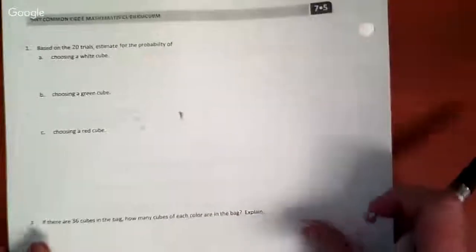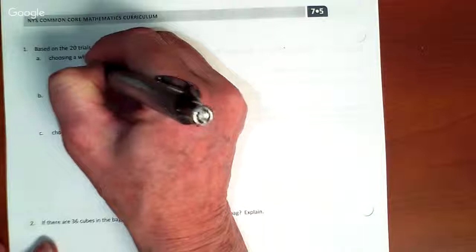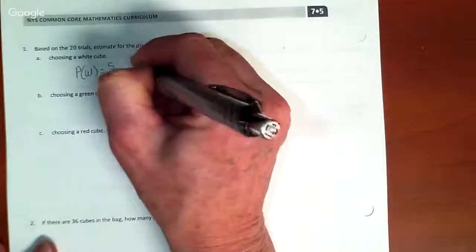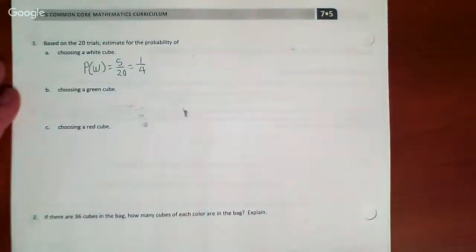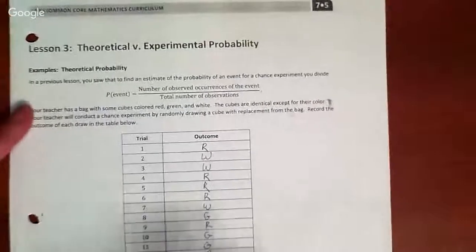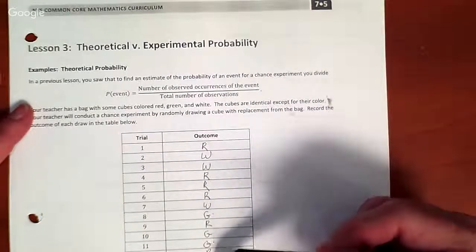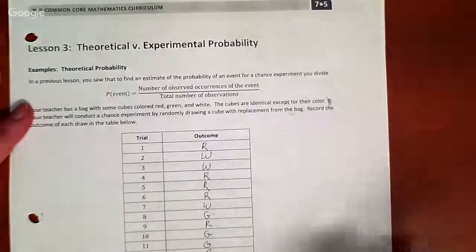So the probability of white was 5 out of 20, which is 1/4. The next question asks about choosing a green cube. Well, we've got 1, 2, 3, 4, 5, 6, 7, 8 green cubes.